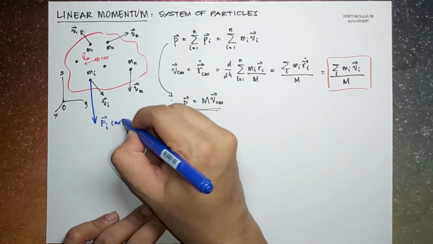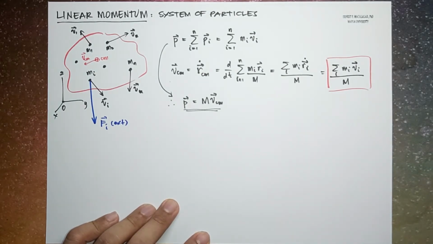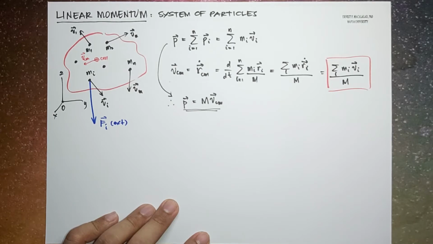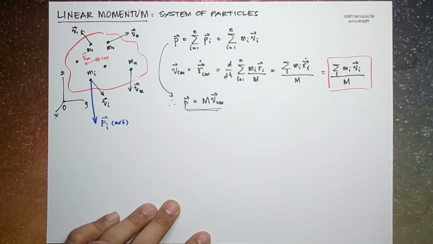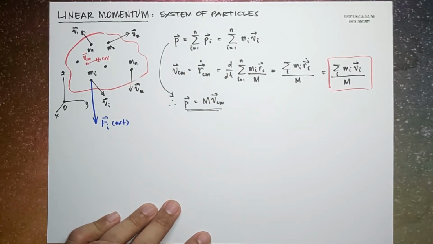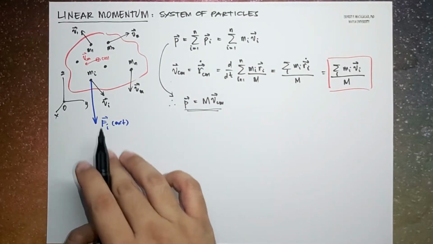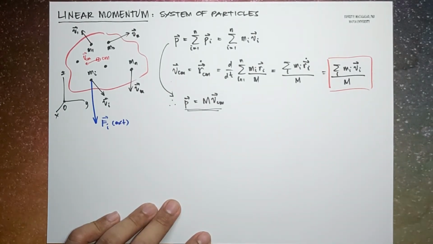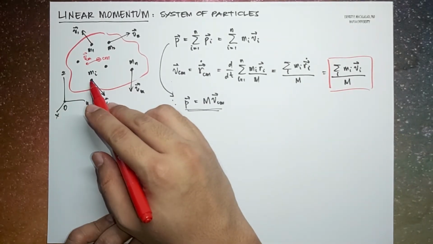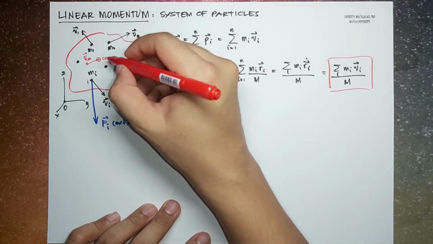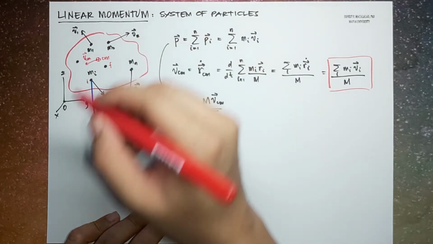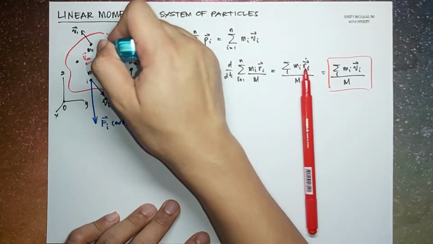So again, this is an external force. Let Fi be the force on particle i in a system of particles that is applied externally. Also, there are forces in between these particles. So for example, this particle i is exerting a force on another particle, let's call this particle j.